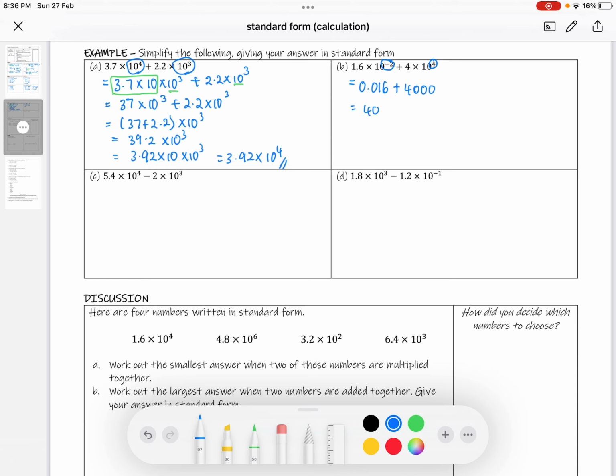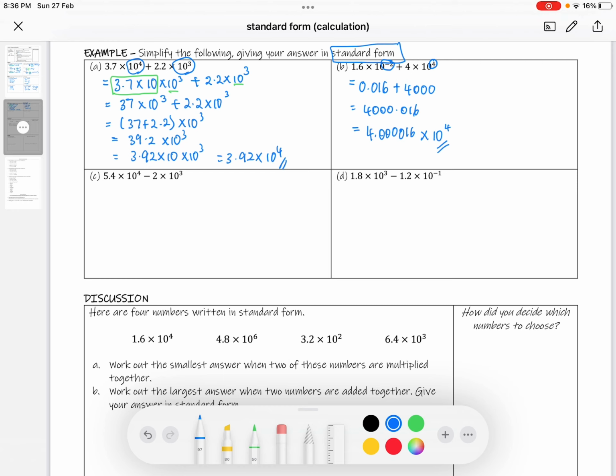Add it up, and then change it into standard form, because that is what the question requires. It's alright if it has a lot of zeros in it. We're just following what the question wants. 10 to the power of 4.